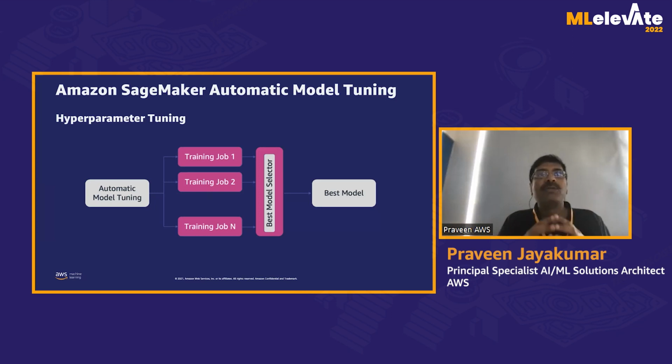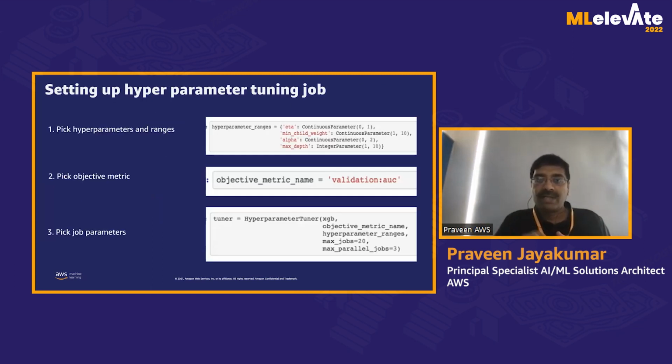SageMaker runs these training jobs and gives you the best possible combination of hyperparameters that increases your accuracy, or whichever evaluation metric you specify. The default approach we use is Bayesian.